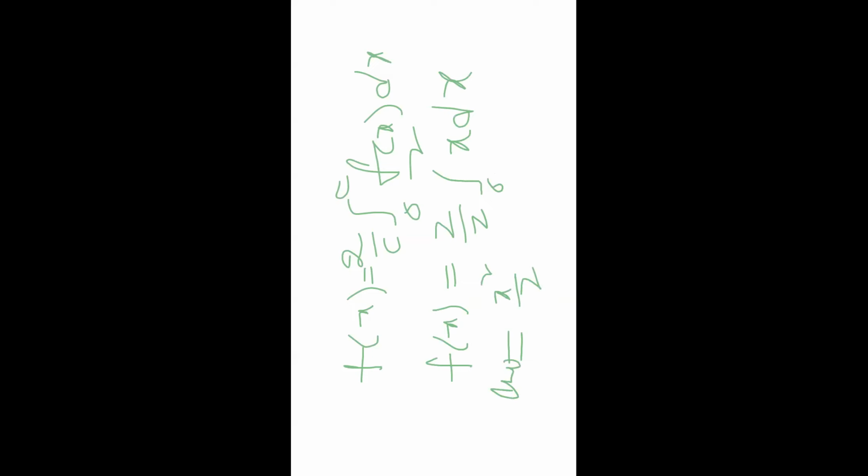The given limits are 0 comma 2, comparing to 0 comma c, so c equal to 2. Replacing c equal to 2 in the formula, it is 2 by 2 integral 0 to 2 of x. The 2s cancel. The integral of x is x square by 2.